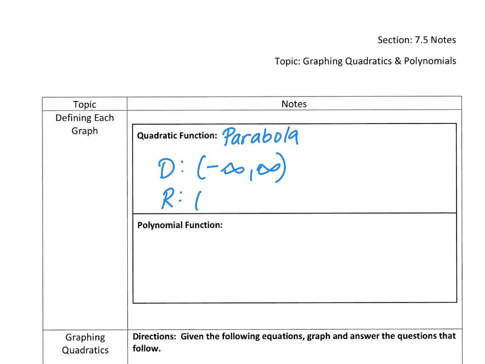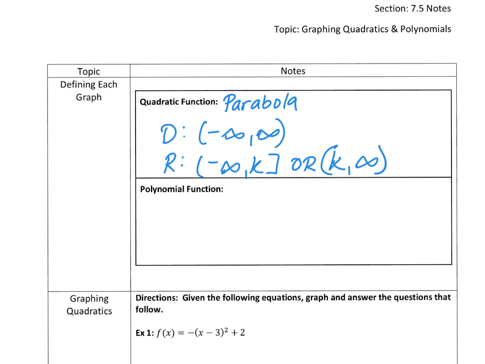So, domain and range, it's going to be the same as the absolute value. Okay, we said that already. So negative infinity, positive infinity for domain, negative infinity to k, or k to infinity, depending on if this thing's going up or down. Okay, and then we have what we call polynomial functions. So these look like my factoring problems because they are. Okay, we factored polynomials.